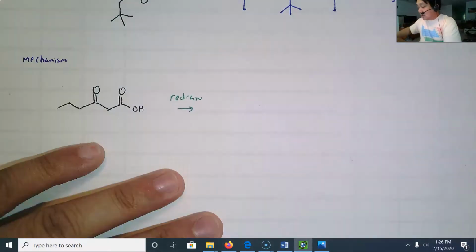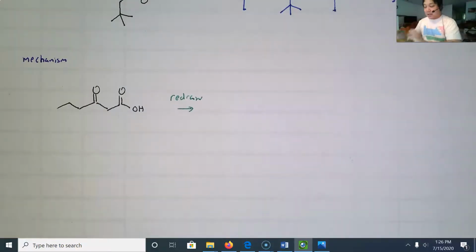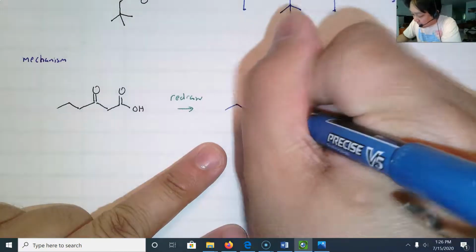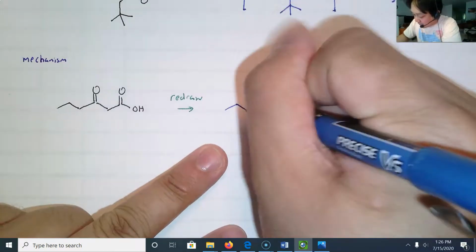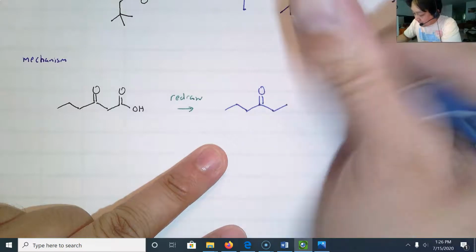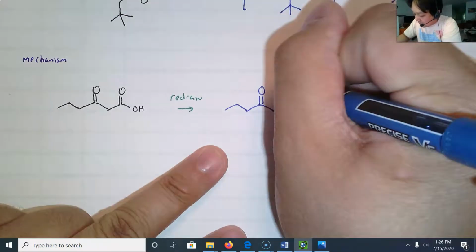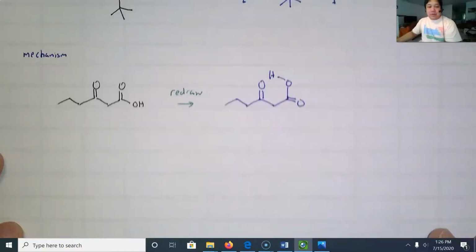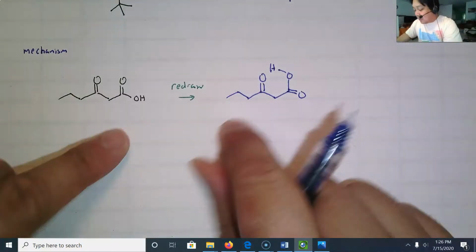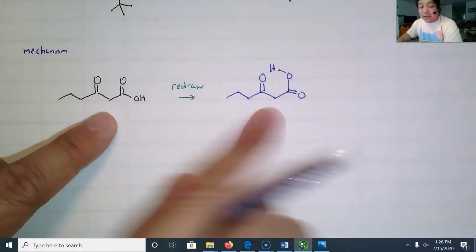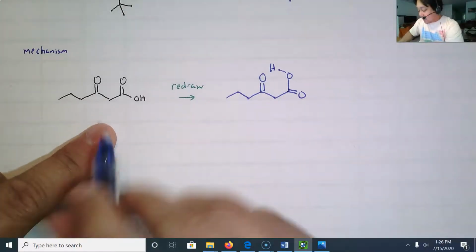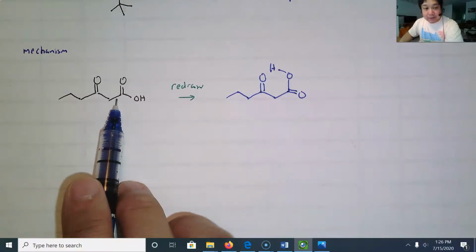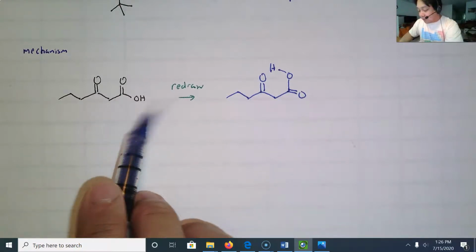No reaction, just the molecule twisting and rotating its bonds to look like this. Can you understand that these two are the same molecule? I rotated along this bond right here, and I drew out the oxygen-hydrogen bond.